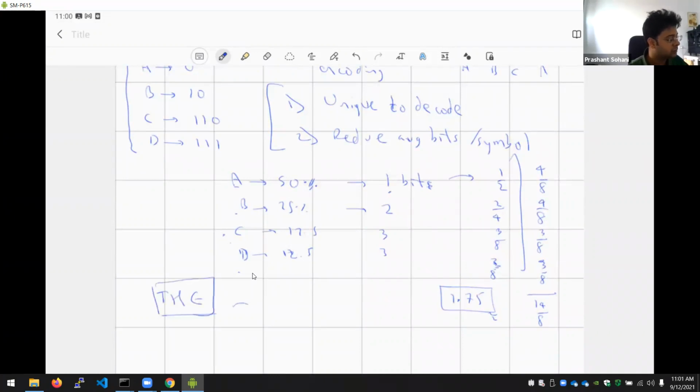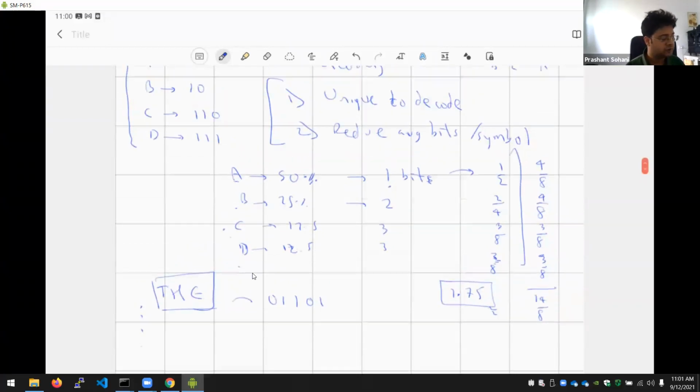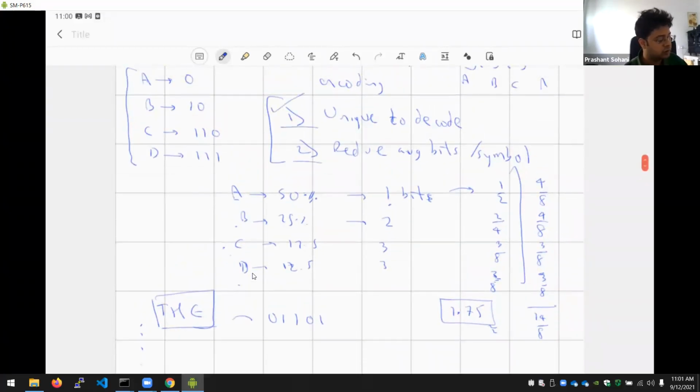So "the" as a whole will be assigned some pattern of bits, and like that, it will assign some pattern to every sequence of information, in such a way that both of these are achieved: unique to decode, and it reduces the average bits per symbol.